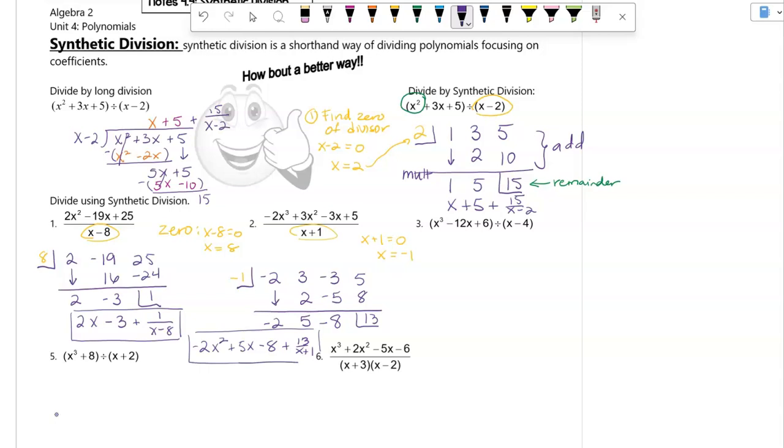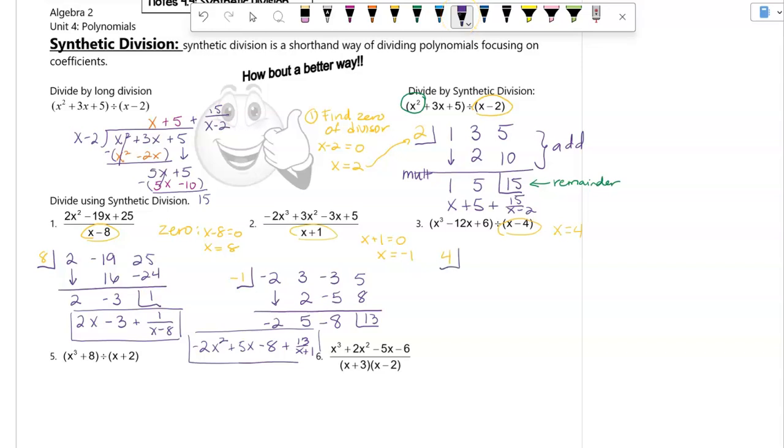All right, so as we look at that next one, we have another cubic function, and we're dividing by x minus 4. So that means my 0 is going to be x equals 4. And so in the corner is going to be positive 4.